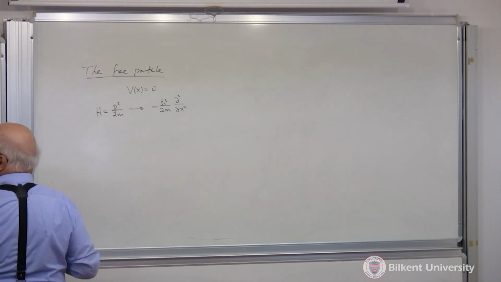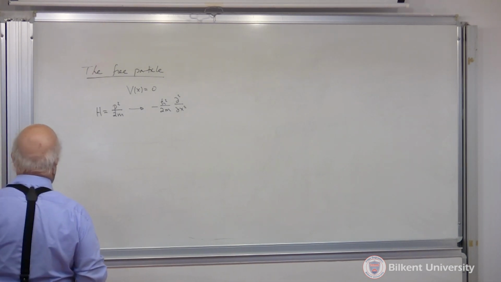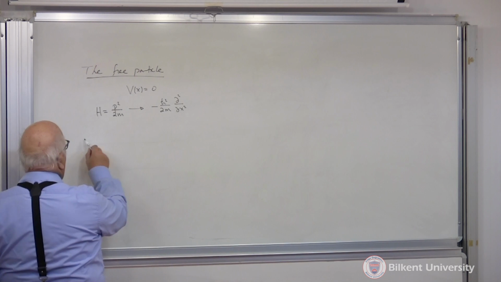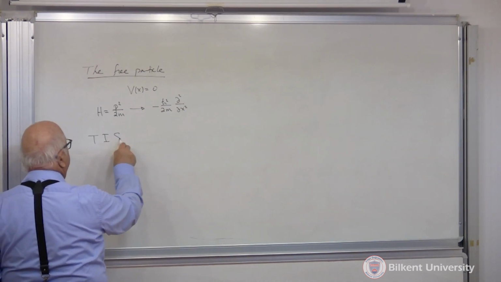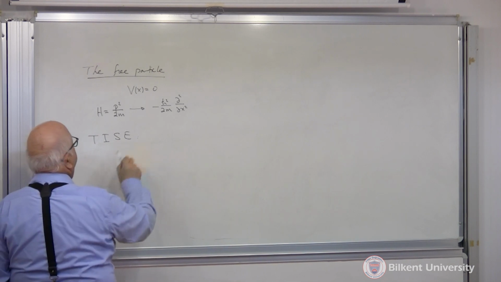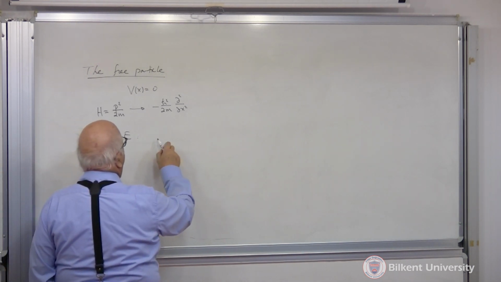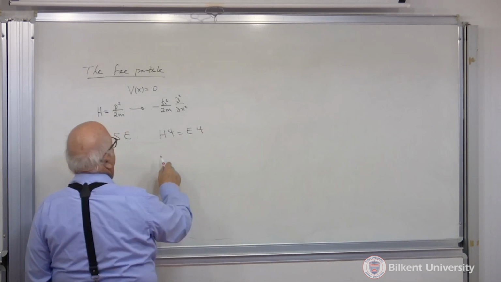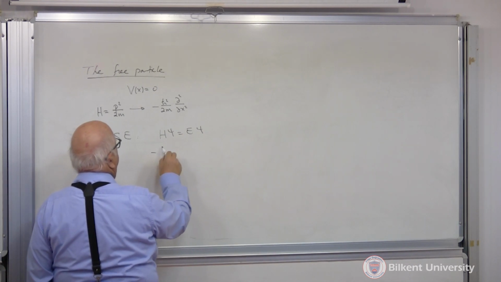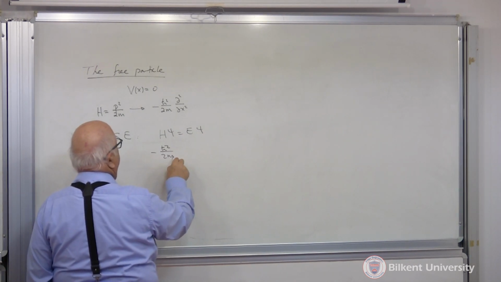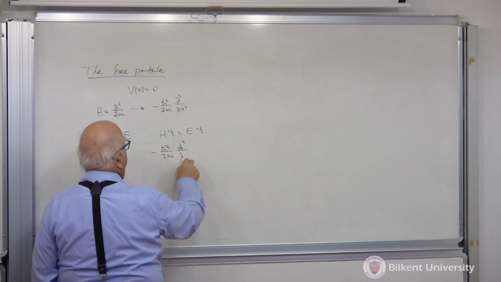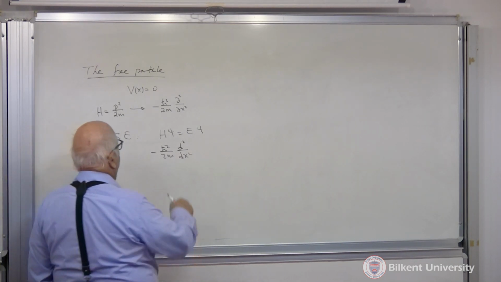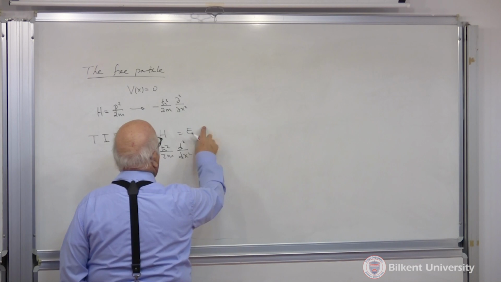Okay, we are going to first solve the time-independent Schrödinger equation. What is the time-independent Schrödinger equation? It will be H psi equals E psi, and I'm going to get minus h bar squared over 2m, ordinary derivative because I have separated out the time, times, okay, so these were really u's, right?